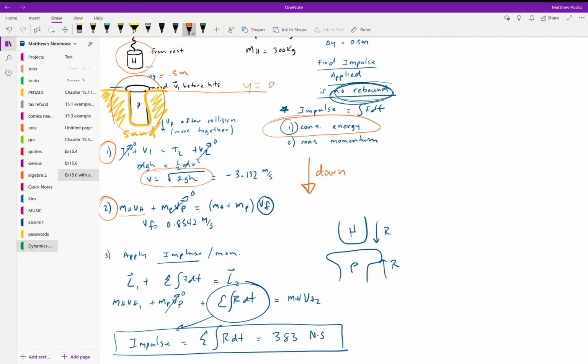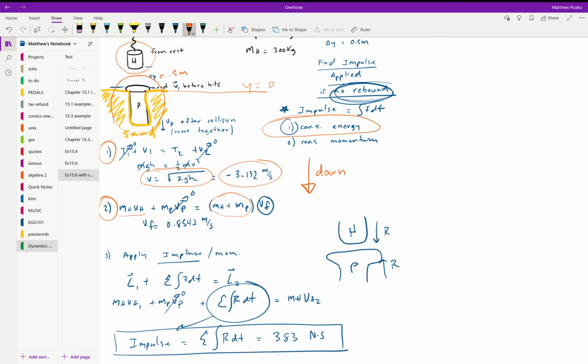The mass of the pile times the velocity of the pile. Well, the velocity of the pile is 0, and they're going to move off together with a combined mass at some combined final velocity.